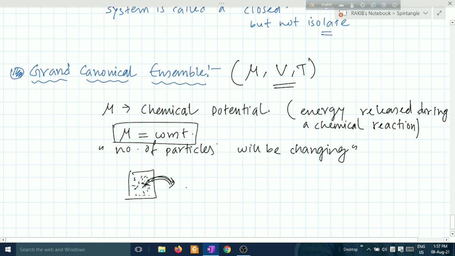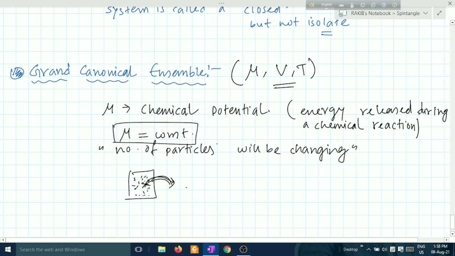In the microcanonical and canonical ensembles, the number of particles for a system was constant, so in the previous two cases mu will be 0. But in this case mu is constant, and this constancy means the number of particles will be changing.